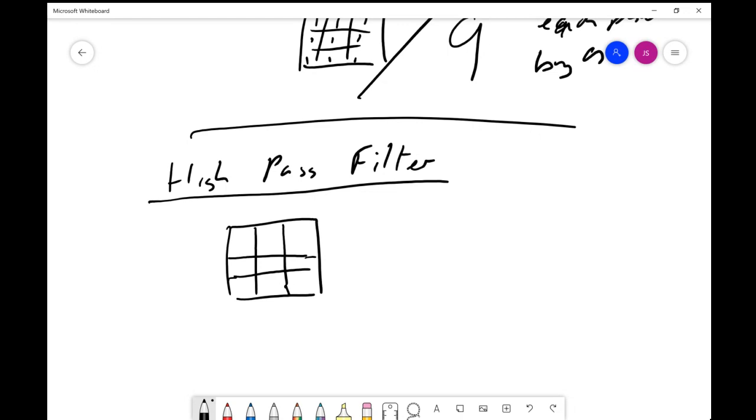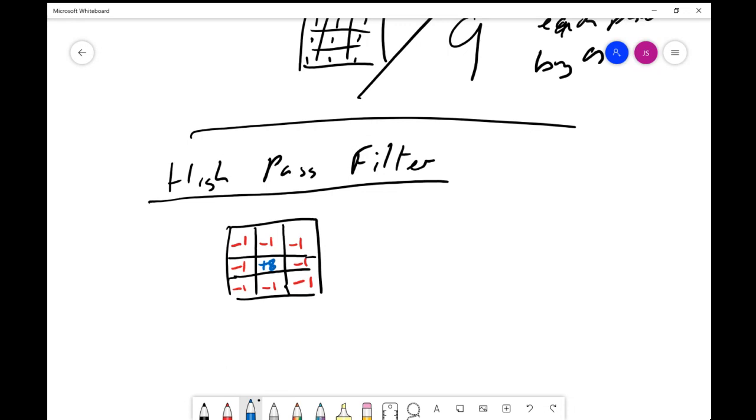I've got full screen. Let me go back. They are -1, -1, -1, -1, -1, -1, -1, -1, plus 8. And that emphasizes the difference between the center pixel and its neighbors. And you correlate that with an image.